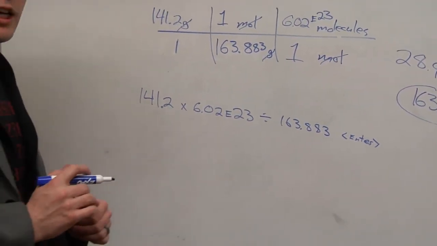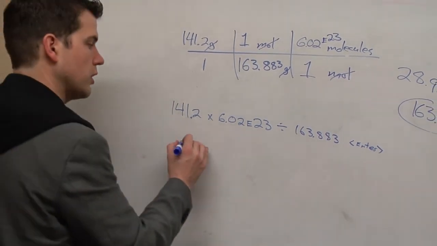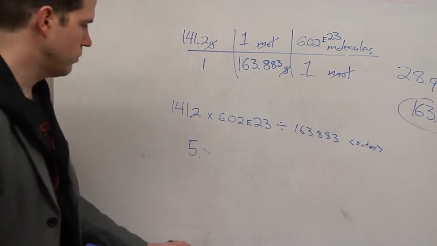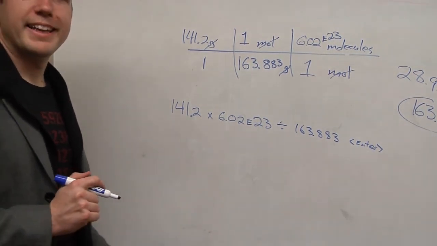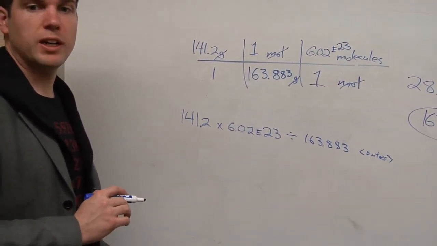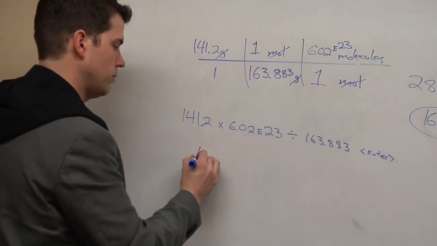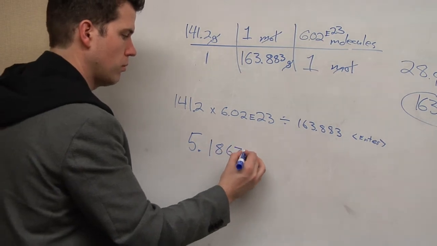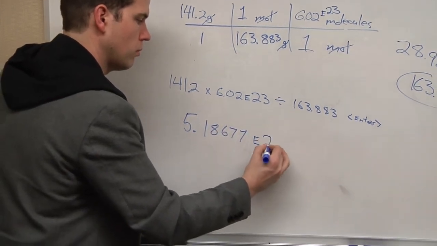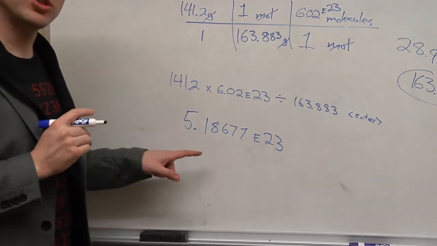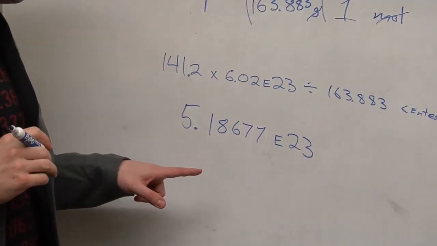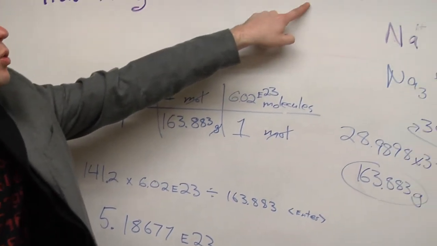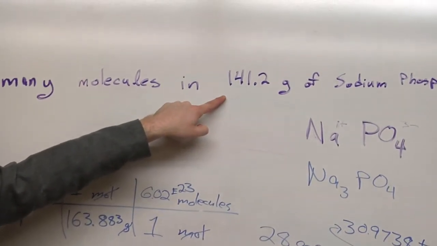So in the end, the calculator should spit out something close to this. As you can see, there are too many sig figs there because the original problem, if you look way back to the purple, was 4 significant figures.